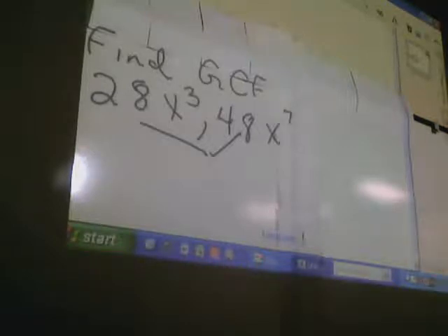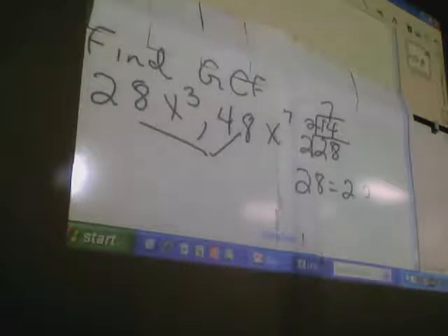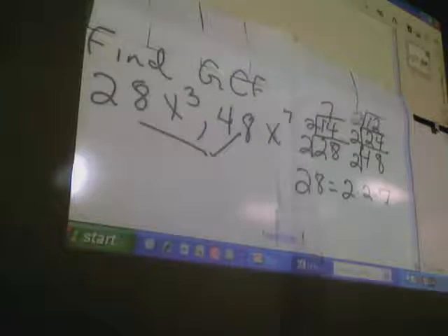So if we prime factor them, 28 divided by 2 is 14, divided by 2 is 7. So 28 is 2 times 2 times 7. The 48 divided by 2 is 24, divided by 2 is 12, divided by 2 is 6, divided by 2 is 3.